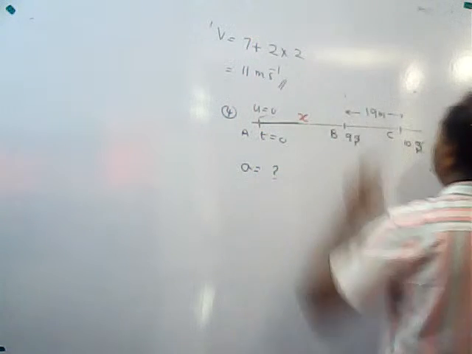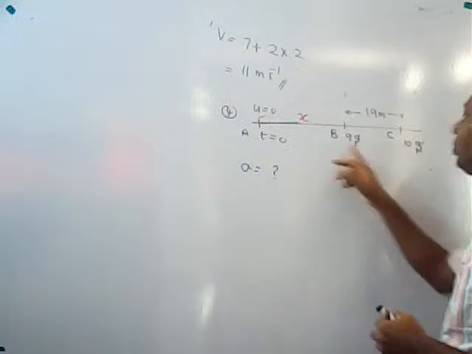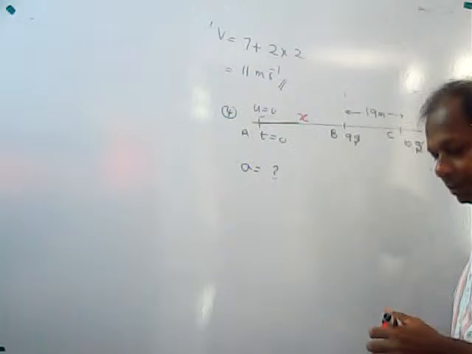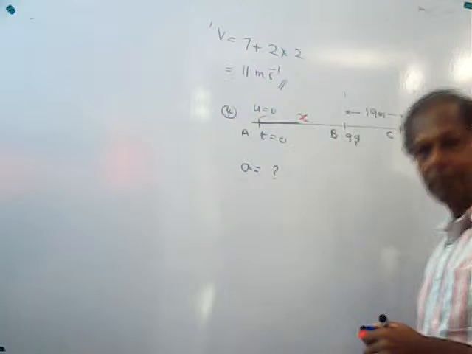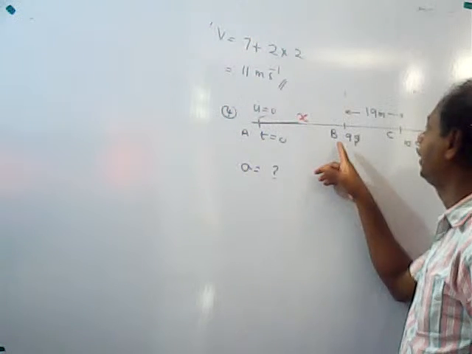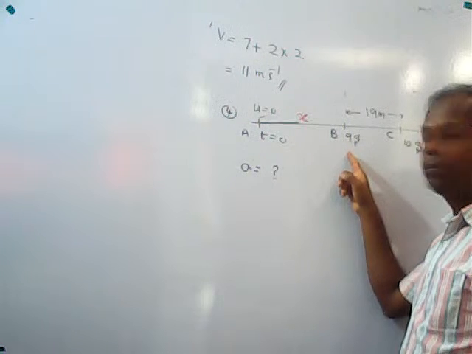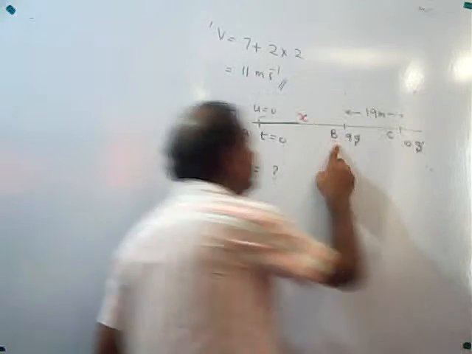It's something about the distances, the time also given. So it has to be the formula s equals ut plus half at squared. But you can't directly apply it from B to C because we don't know the velocity at B.